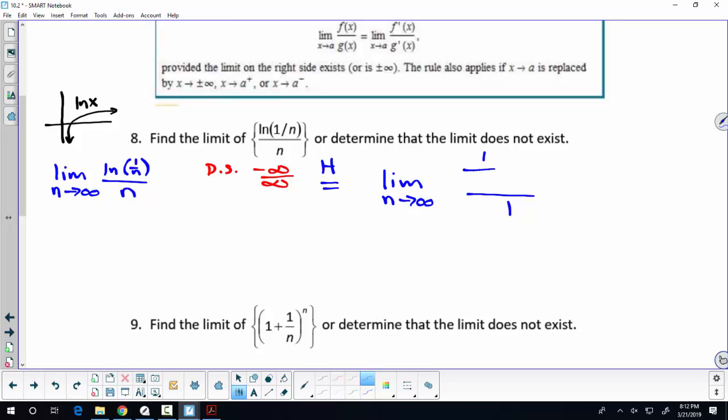So we do 1 over the argument, and then we multiply that by the derivative of the argument. The derivative of 1 over n is negative 1 over n squared. Times the derivative of the inside, though, right? Yeah, there's the derivative of the inside right here. Oh, I see.